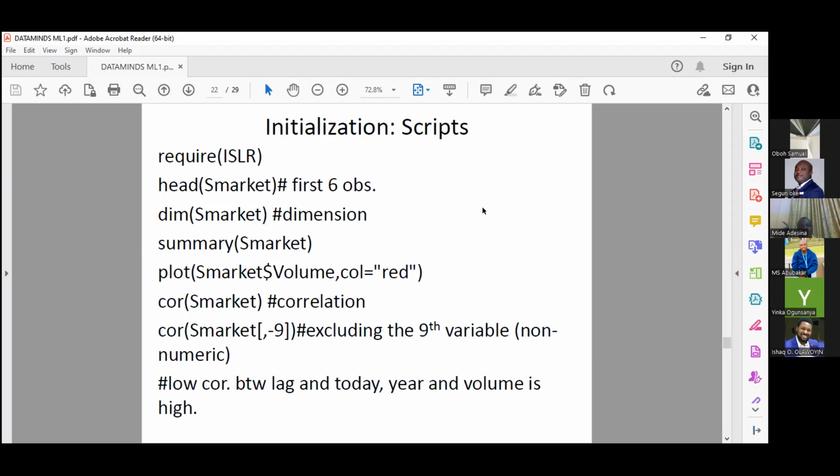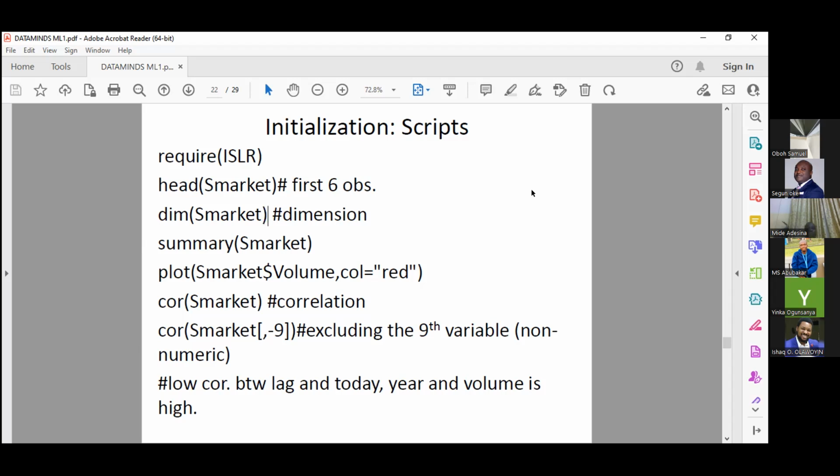Now, to do that, we call the package required. Inside this package, we have the data called Smarket. Smarket, when we say head, like we have been taught previously, it produces the first 6 observations. The dimension gives us 1250 by 9.